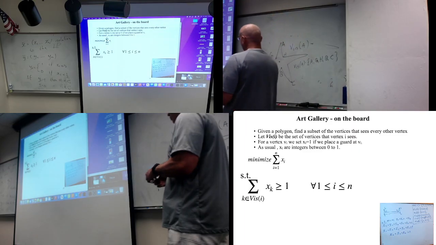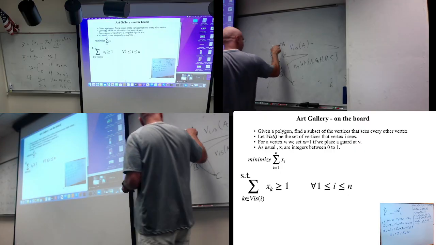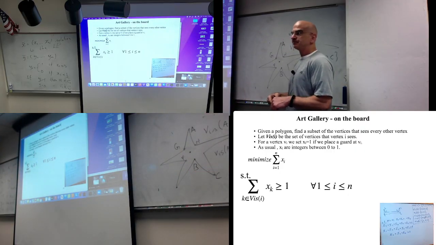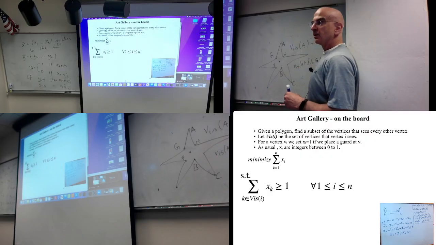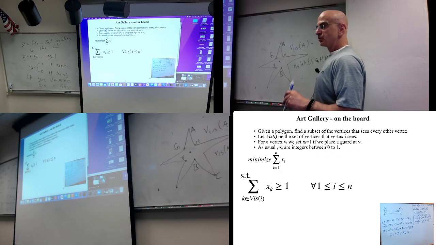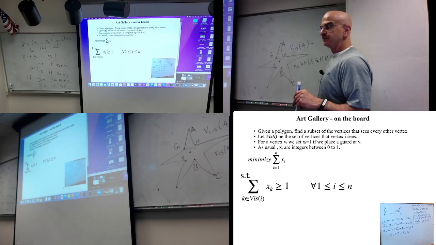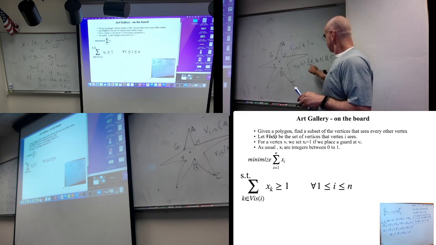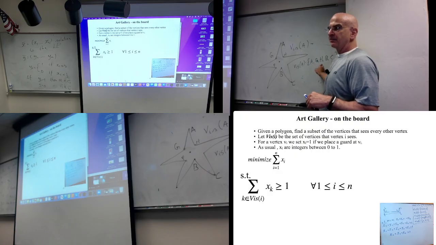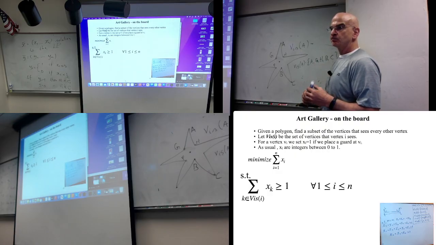Now, what is the constraint that A imposes? What is the constraint that you see right here? The constraint that A by itself imposes. I have x of A, x of B, x of C, and so on.